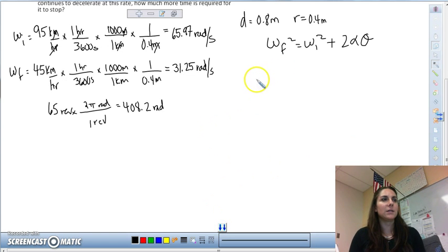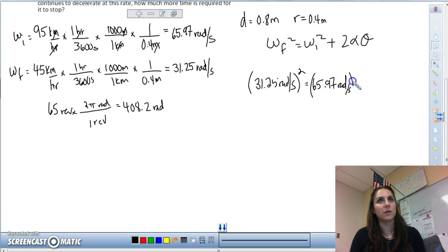So with that said, our final is 31.25 radians per second, whole thing squared, equals 65.97 radians per second, whole thing squared, plus 2 alpha, where alpha is what we're solving for, times the 408.2 radians.